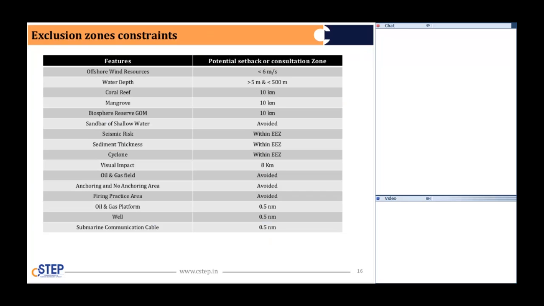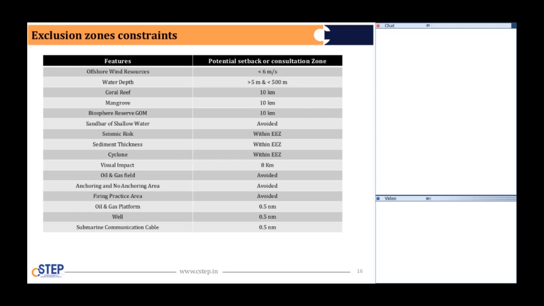So apart from the hard constraints, there were certain exclusion zones slash constraints which are removed, and they were removed to this extent. So in this table, we've listed all these features, some of which I've discussed before. For instance, a water depth of less than 5 meters is considered economically unviable.